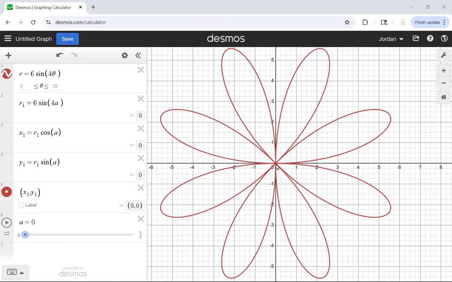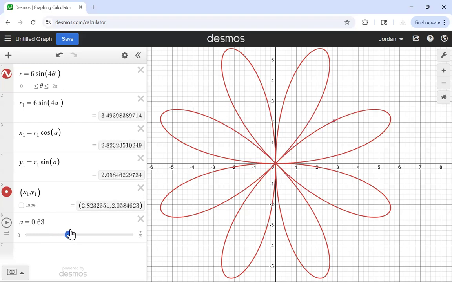So here I have the angle 0, and as you can see, when I have theta equals 0, or in my case, I had to use the letter A equals 0 or theta equals 0, I'm at the origin.